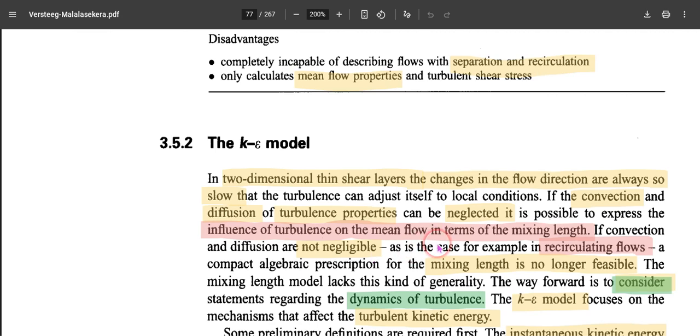It takes into account the dynamics of the turbulence. It means that turbulence properties, the Reynolds stresses, can be transported by convection and diffusion, which the mixing length model lacks in capturing. So this nature of the dynamics of turbulence can be captured through this k epsilon turbulence model.